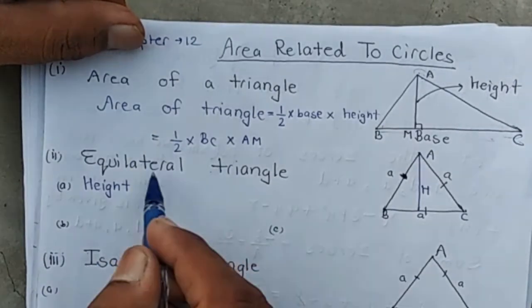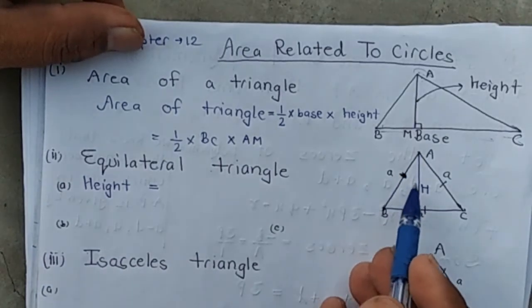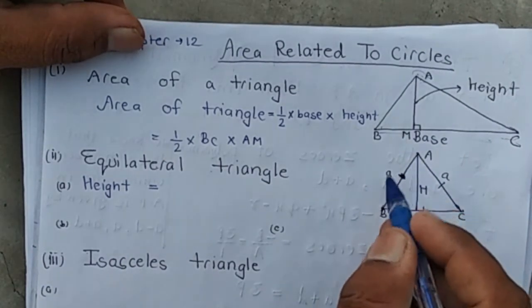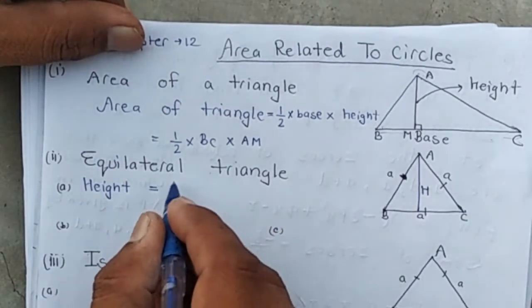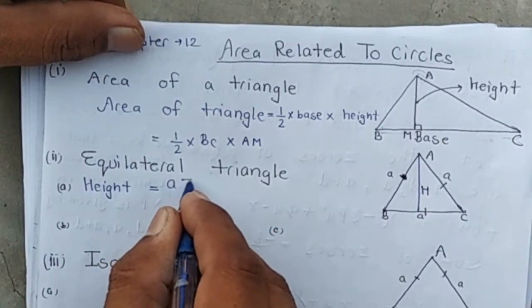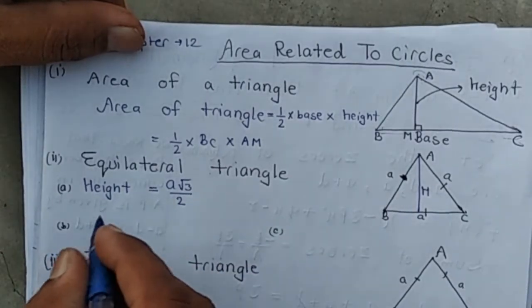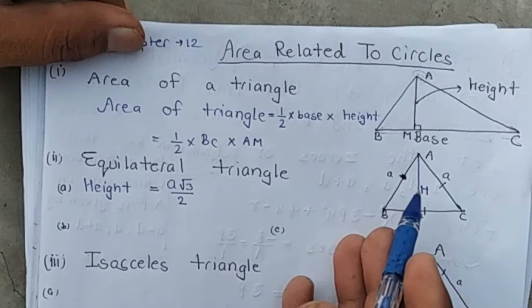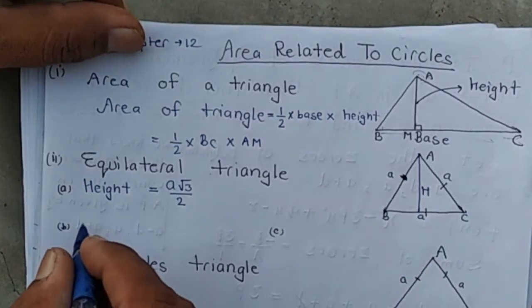Formulas based on the equilateral triangle. If one side of an equilateral triangle is A, then the height is given by A root 3 by 2. In an equilateral triangle, all sides are equal and each angle is 60 degrees.